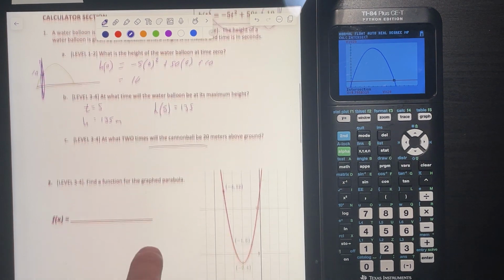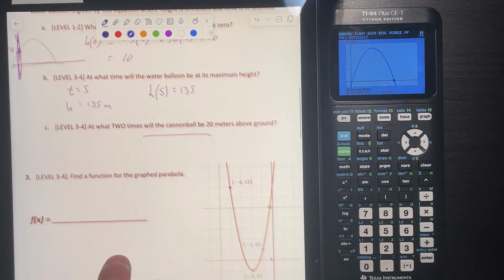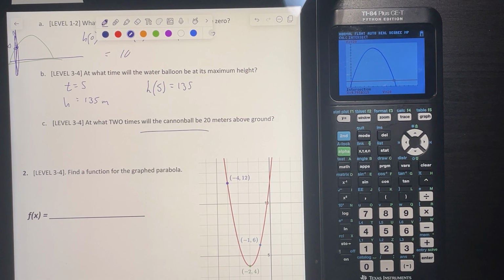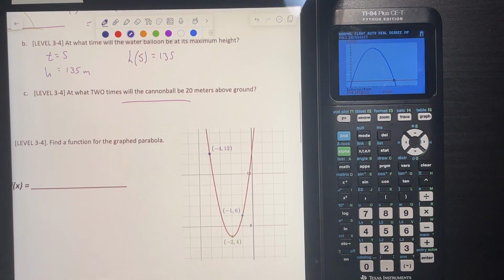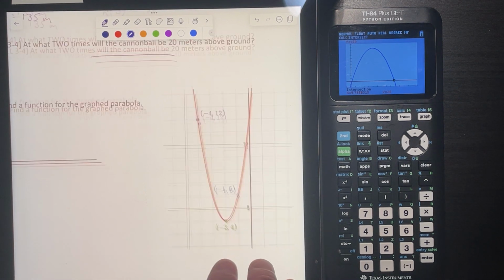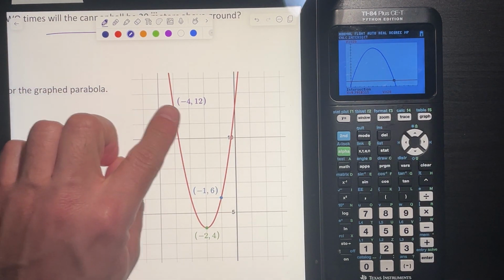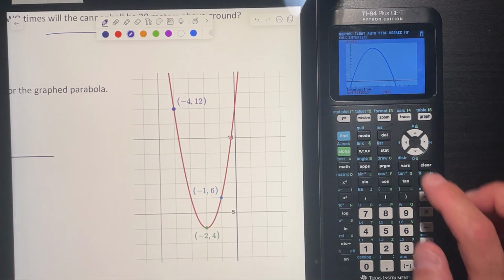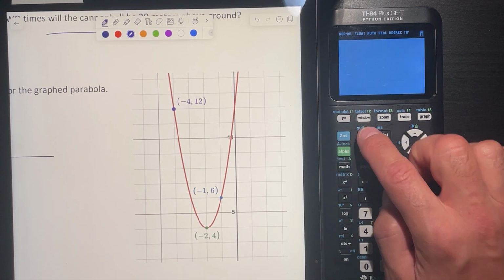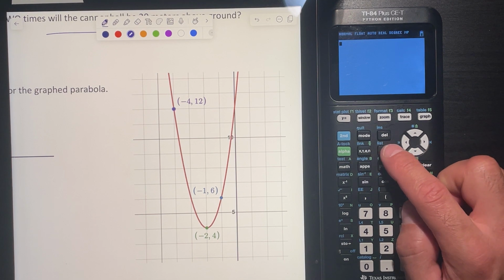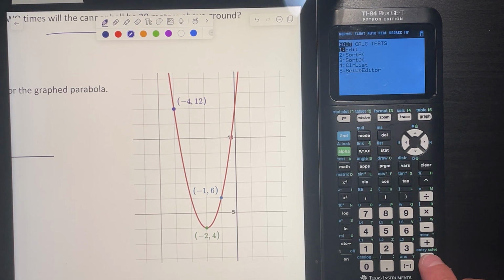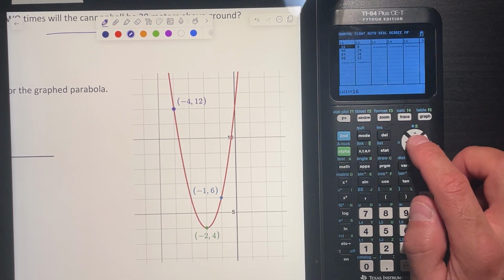So for our last trick with this, we want to find a function for this graphed parabola. We're going to do the same thing we did in class when we were doing the modeling. We're going to put in the x and y value, x and y value, x and y value. We might have to hit second quit, go into statistics and edit, and we're going to clear anything out of here.